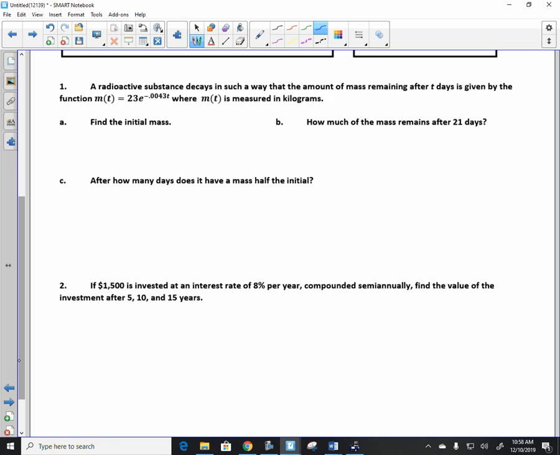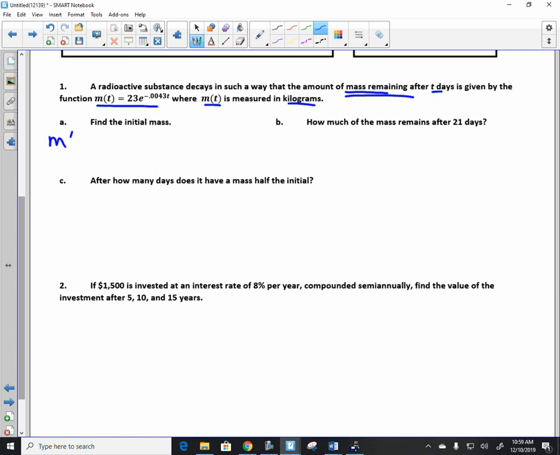Oh well. A radioactive substance decays in such a way that the amount of mass remaining after t days is given by this function, where M is measured in kilograms. So this function tells me, if I plug in a value for t, how much mass there is at that time. I would like to start by finding the initial mass. The initial mass is how much there is at time 0. That's what initial means.